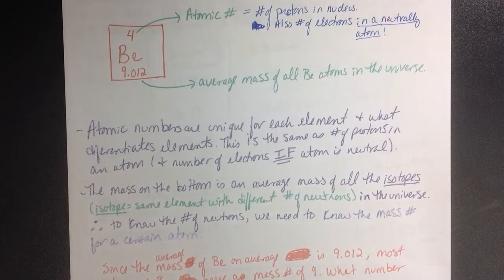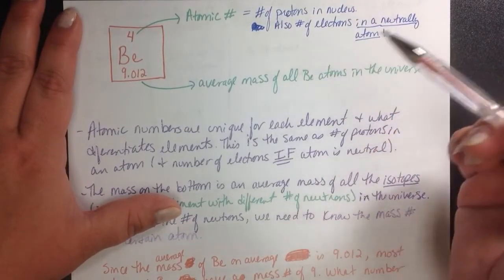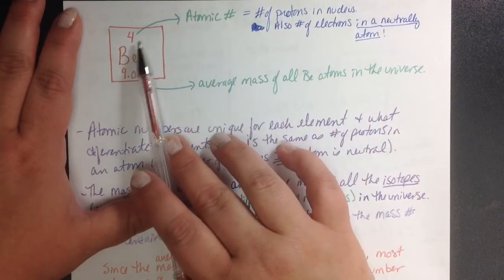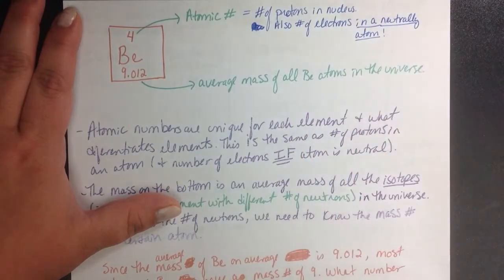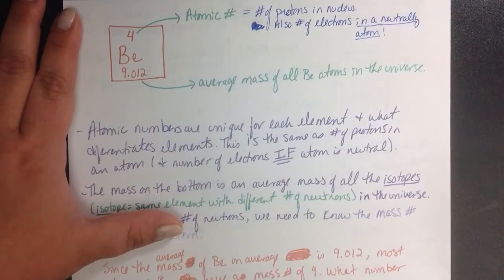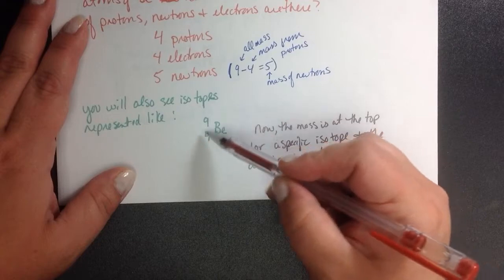Okay? So here's how we figure out how many protons and electrons and neutrons. We just said that you've got protons right there. If it's a neutral atom, that's the same thing as you're going to have with your electrons as well. Now we have to go to sort of one of these views to be able to tell what's going on for neutrons.